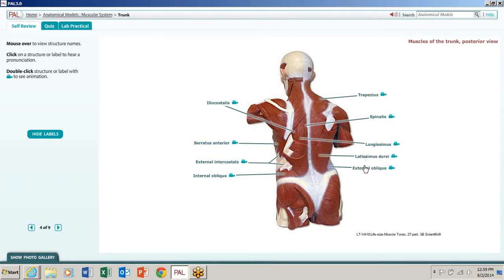There's the external oblique, a little bit of it. There's the internal oblique. There's the external intercostal muscles. This is the serratus anterior muscles. And so those are but a few of the muscles of the trunk and the shoulder area.